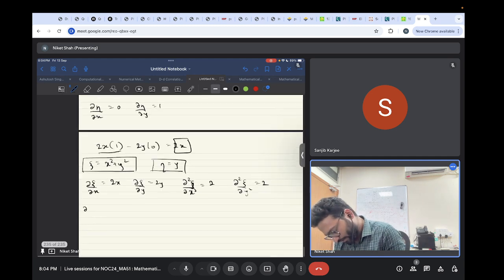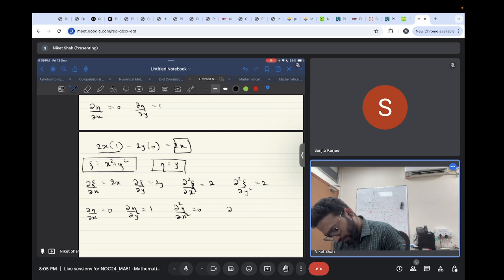Same thing with η: ∂η/∂x is equal to 0, ∂η/∂y is equal to 1, ∂²η/∂x² is equal to 0, ∂²η/∂y² is also equal to 0. ∂²ψ/∂x∂y is equal to 0, ∂²η/∂x∂y is also equal to 0.